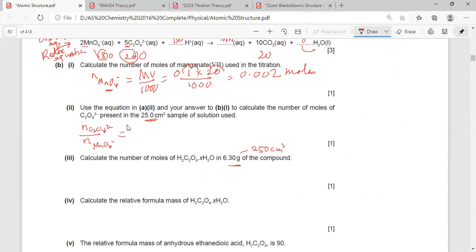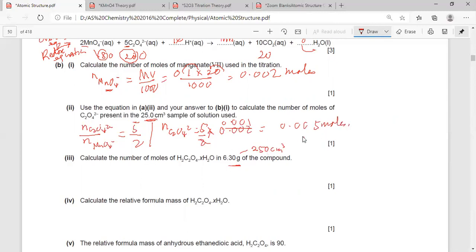So the number of moles of C2O4 2 minus equals 5 over 2 times 0.002, which is 0.005 moles.